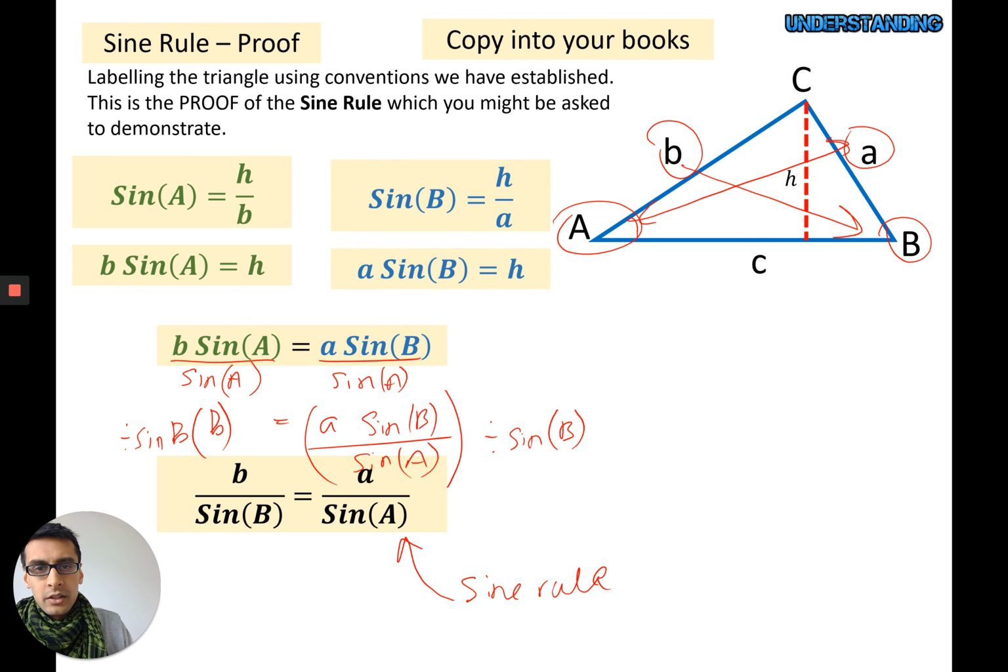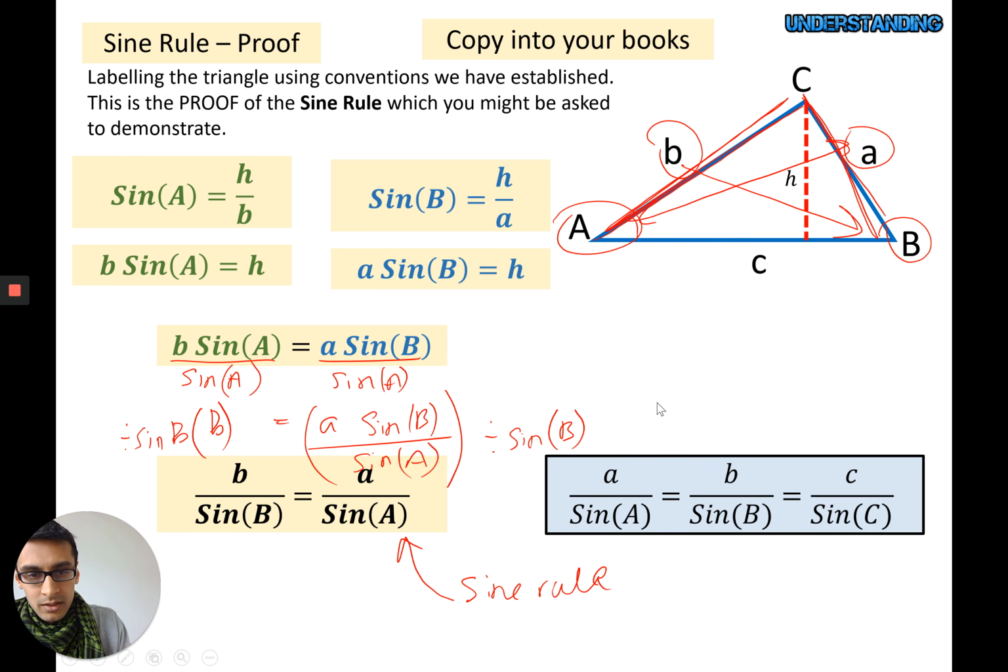However, I could have actually chosen sine C as well, in which case my height would also change because I would have to turn the triangle around. My base would change to this length here, or potentially that length there. We don't need to do that proof because it will end up being the same.